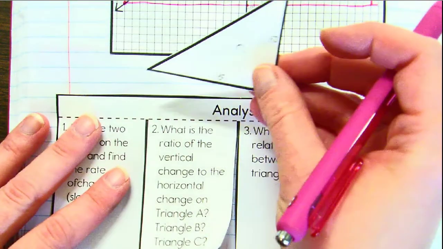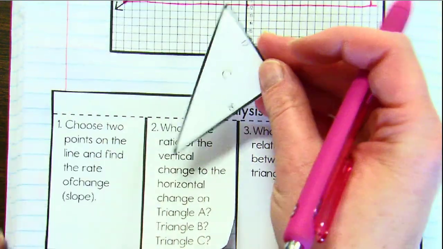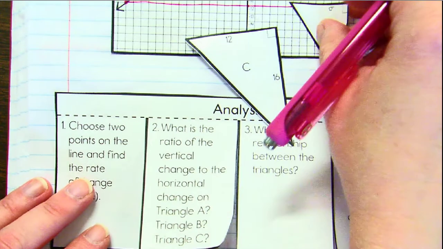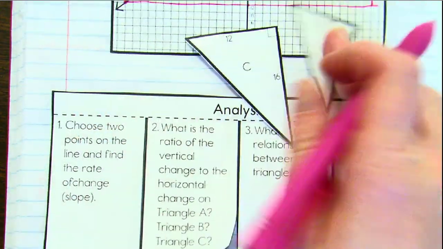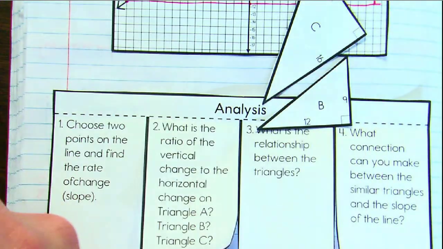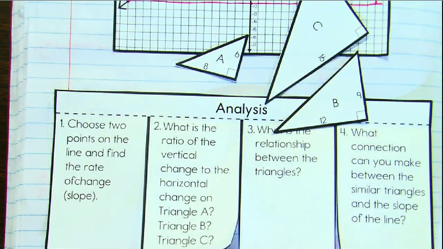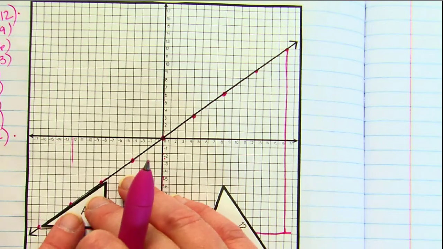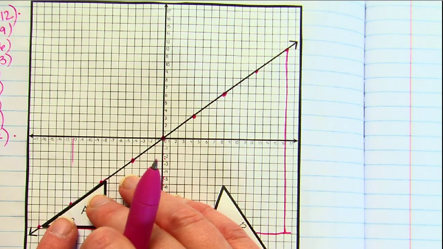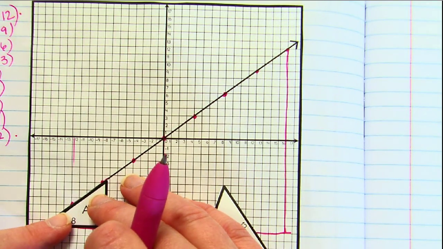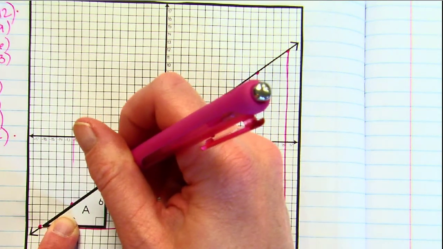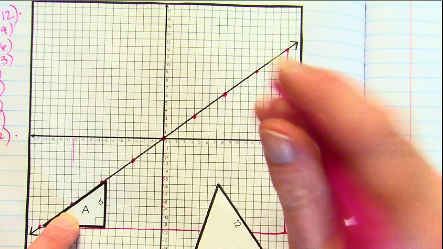Now, they've given you triangles here. We have triangle C. We have triangle B. And triangle A. Okay, so let's say we use these. We want it to go along the line, right? So this would go from negative 16, 12 to negative 8, 6.